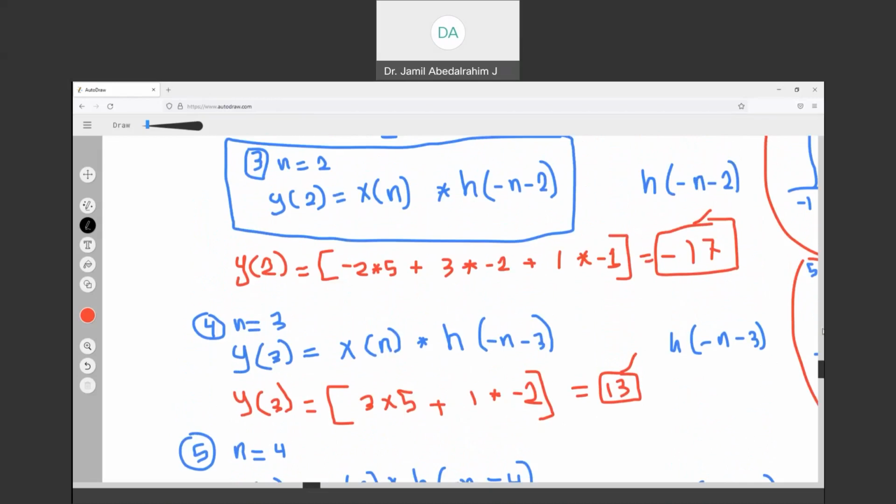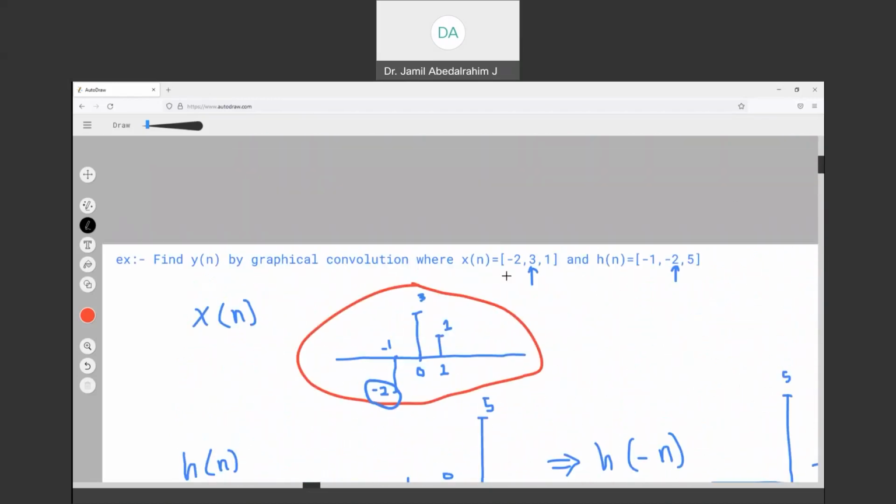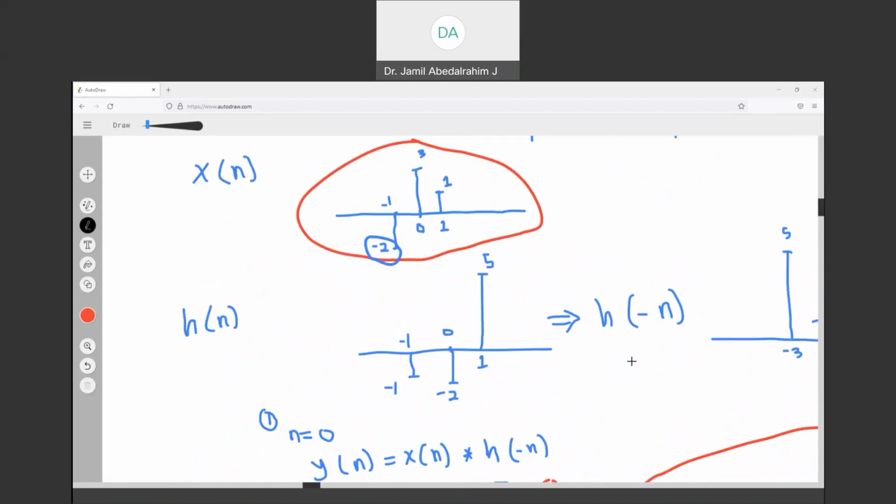This is a fixed equation. The number of x of n is 3. The number of signals of h of n is 3. 3 plus 3 equals 6, and 6 minus 1 equals 5. So that means we need to find 5 values of y.